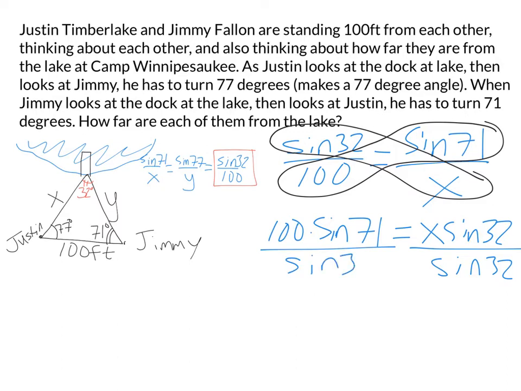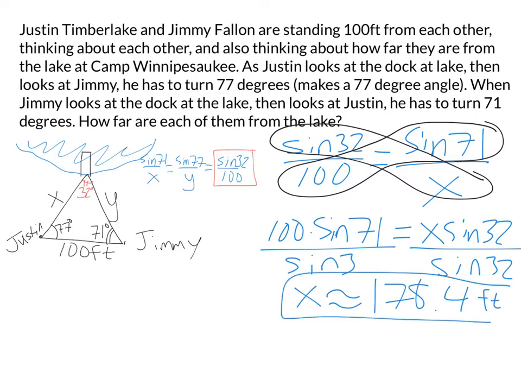So I'm going to do that. I'm going to take that, divide it by the sine of 32, and I end up getting x equals approximately 178.4 feet. So this right here is how far Justin is from the dock.